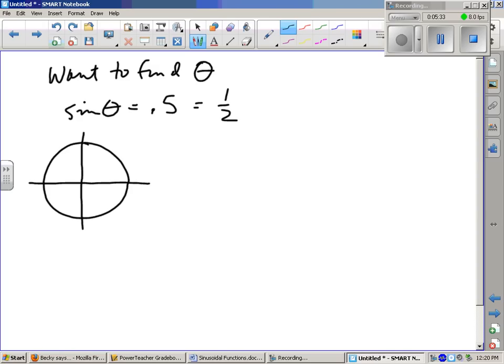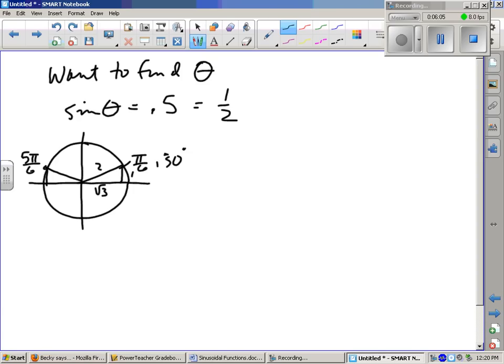On our circle, pi over 6 or 30 degrees has a sine of 1/2 because we have 1, 2, root 3 at that spot. So it's 1/2, the short side. But the problem is we also have 1/2 over here at 5 pi over 6. 5 pi over 6 also has the sine of 1/2.